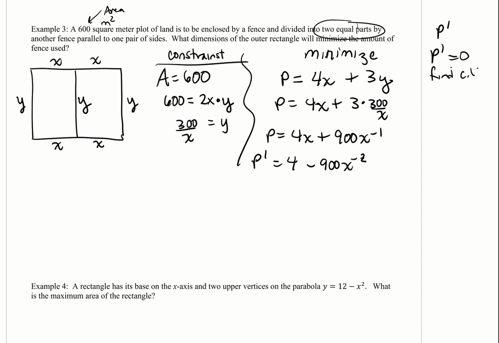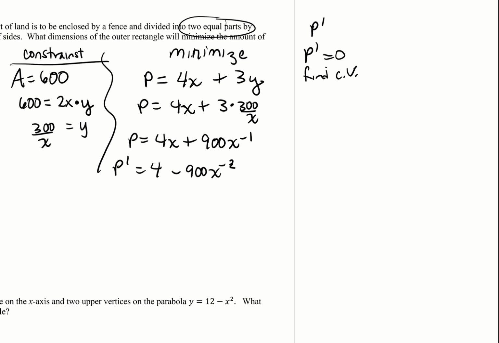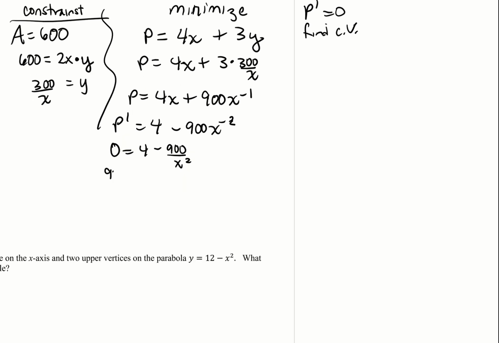In this case, I'm solving for x. So I will set this equal to 0. And maybe I'll just do some reordering. So this would be 900 over x squared is equal to 4. Lots of ways to solve this. I'll choose to cross multiply and get 4x squared is 900.